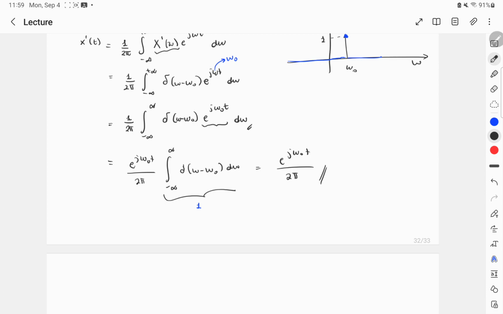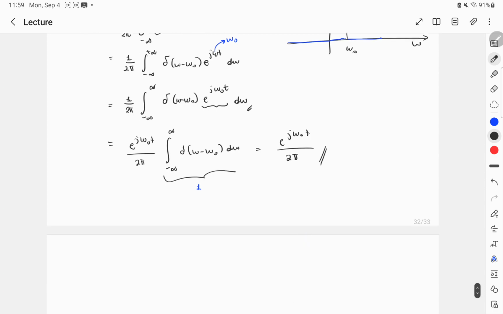Therefore, here we can say that the Fourier transform of e to the power of jω0t over 2π is δ(ω − ω0).